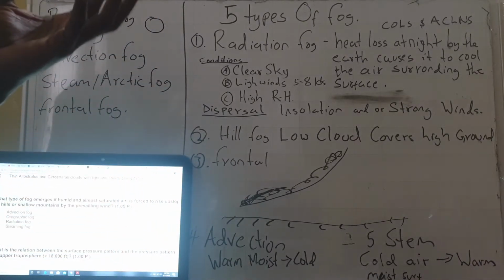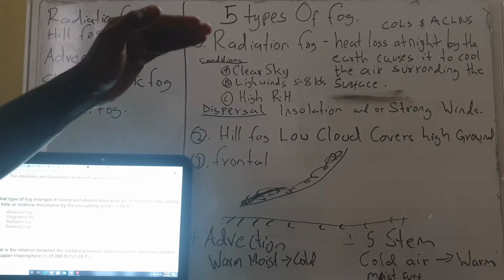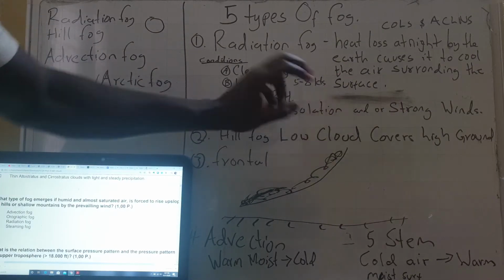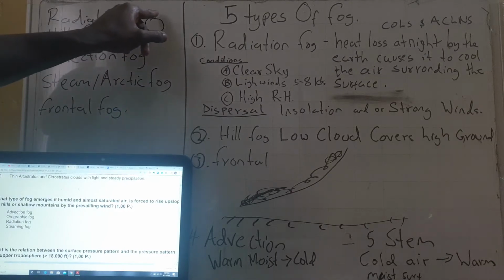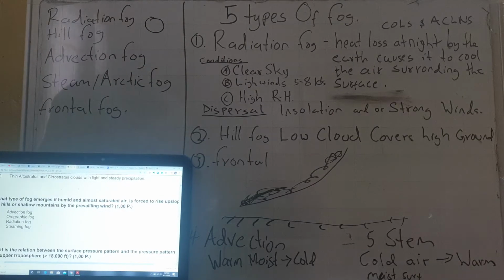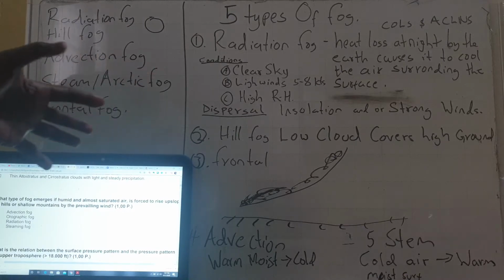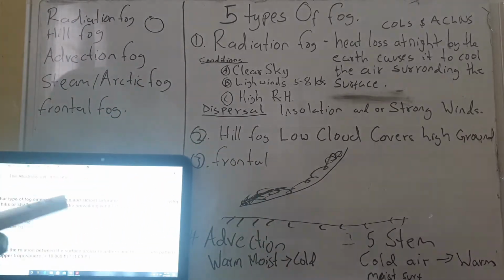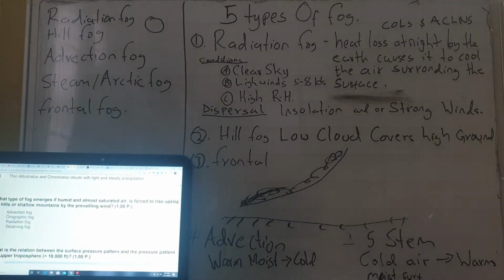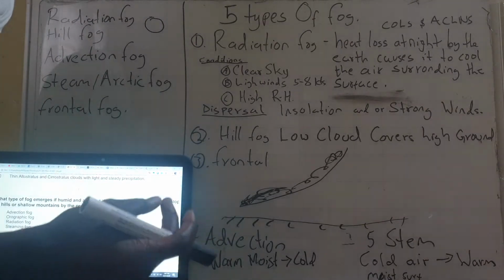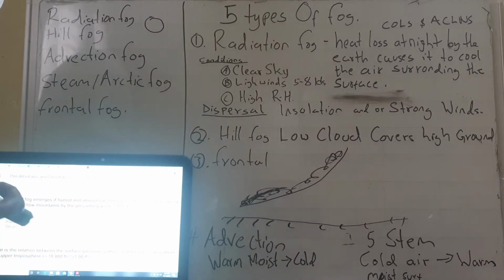If the air is cooled and you have light winds of roughly 5 to 8 knots, we form this type of fog called radiation fog. There's condensation involved because the air is being cooled to a level that can go to dew point. If there was no wind, actually we'll only have water droplets.